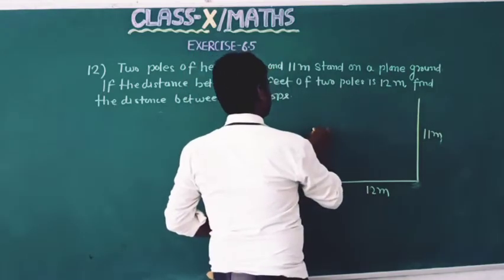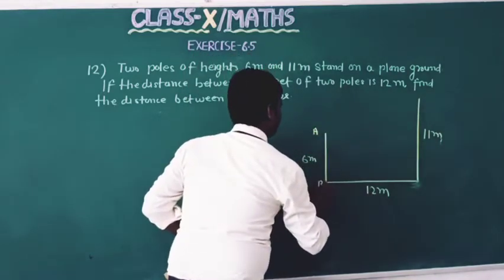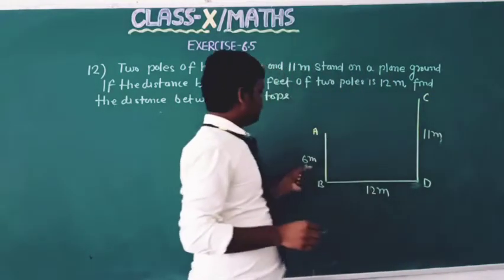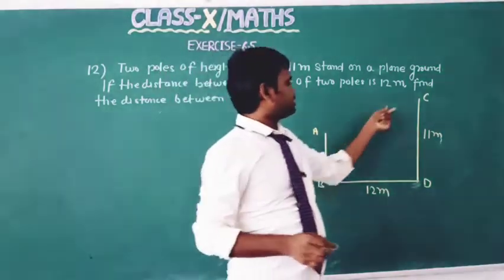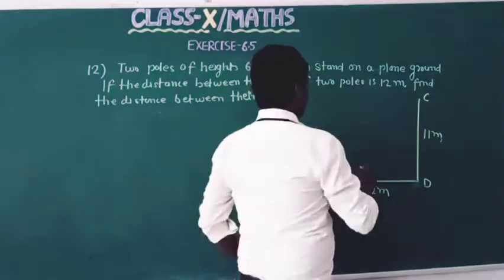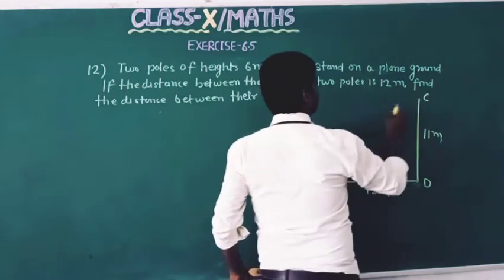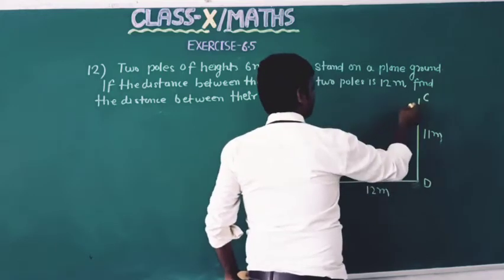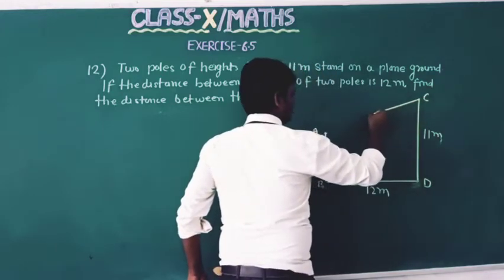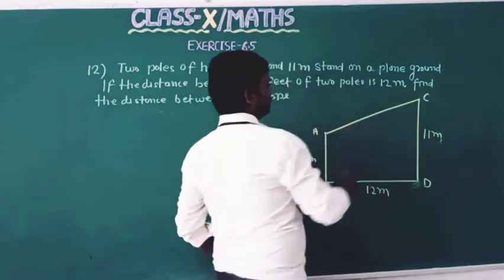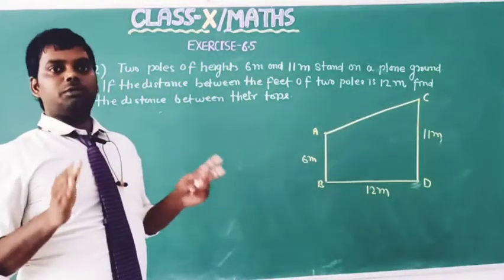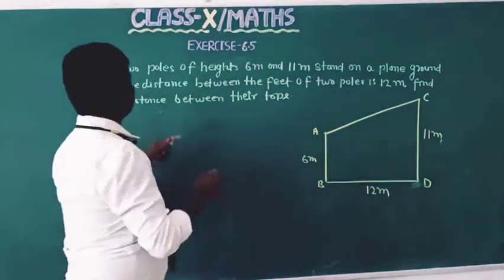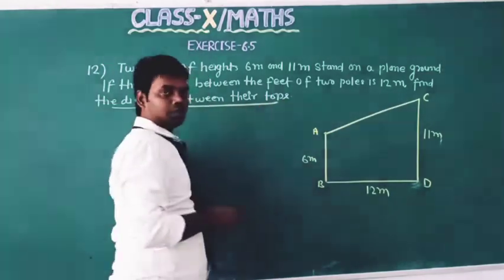Suppose this is point A and B, and this is C, this is D. So AB is the pole of height 6 meter and CD is another pole of height 11 meter. And here points A and C are the tops of the poles. So now joining A to C, this is the distance between the tops of the poles, and we have to find this.